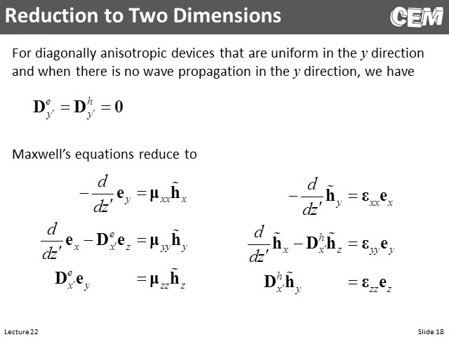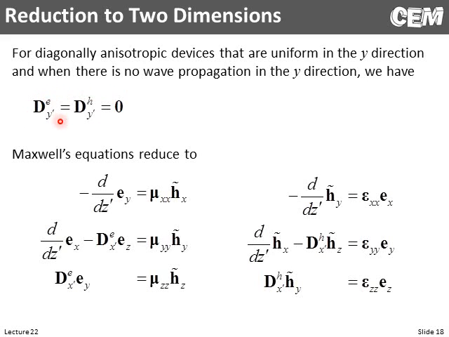But now we're going to say that the y direction is a uniform direction, and we will restrict all propagation to be in the xz plane. So since the device is not changing in the y direction, and there's no power propagating in the y direction because we've restricted propagation to the xz plane, then any derivative we calculate in the y direction must be 0.